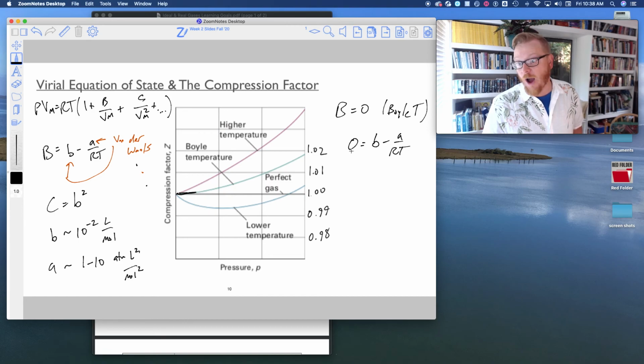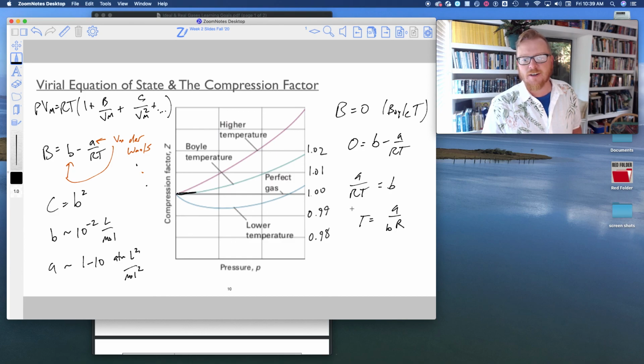Okay, so now I can do some algebra and solve for T. I would encourage you to do that. Okay, pause the video and do that. Otherwise, you can watch me do some algebra and get the answer, okay? So that's A over RT equals B, and then flip the position of T. And so now T is going to equal A over BR.